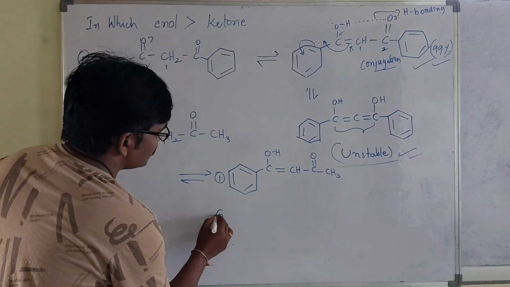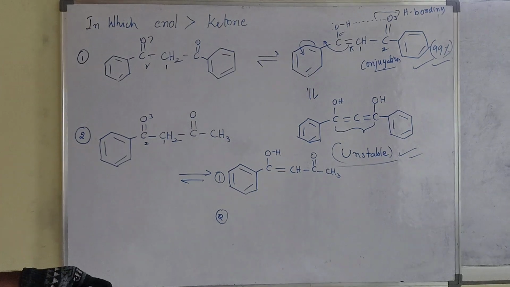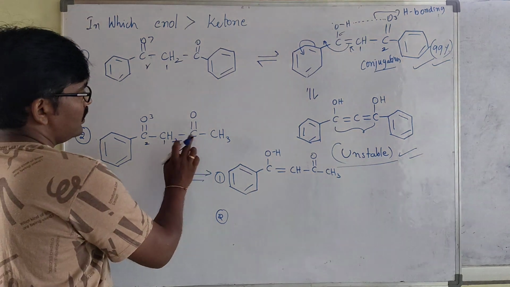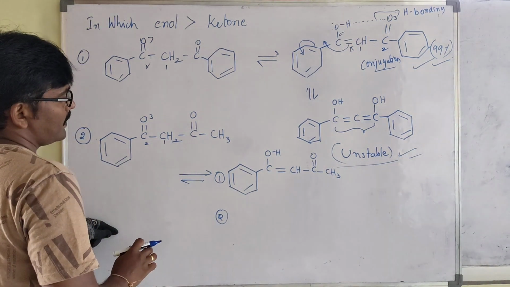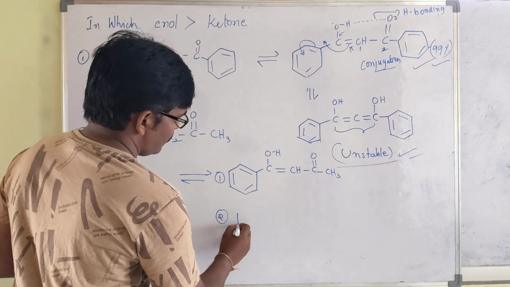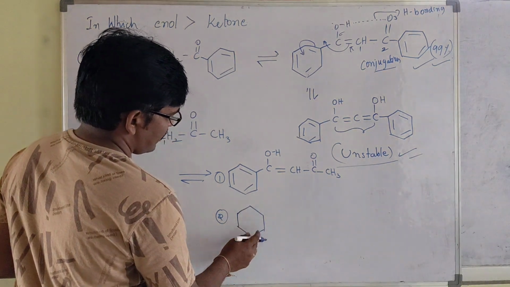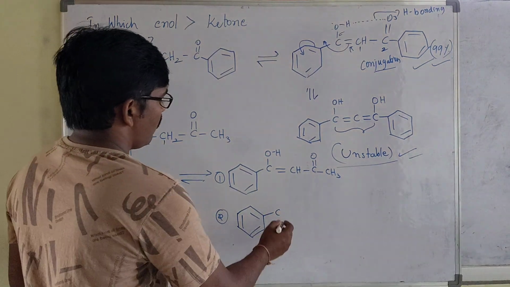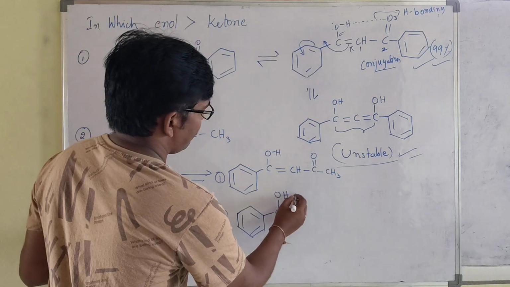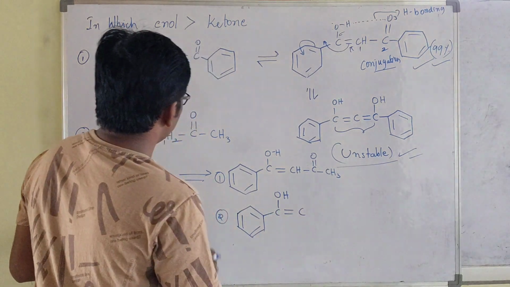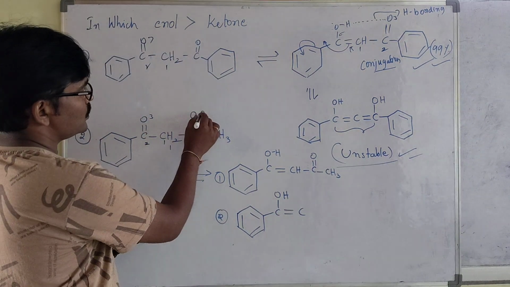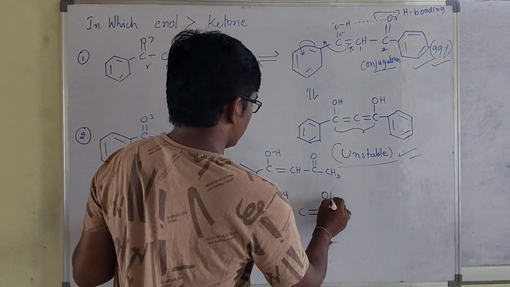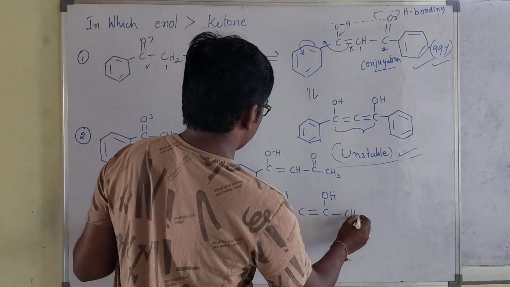Then the second one, look at, sir, in case the hydrogen atom is shifted from here onwards, then benzene as usual, then C OH double bond is there, then from here to there, 1, 2, 3 position, then C double bond C, then OH, bond CH3 is there.